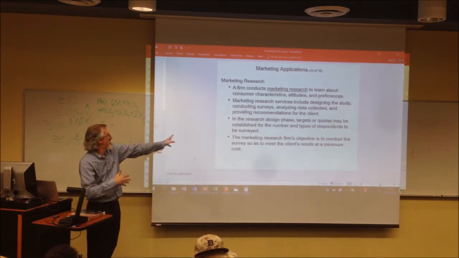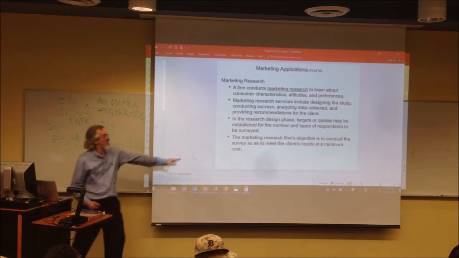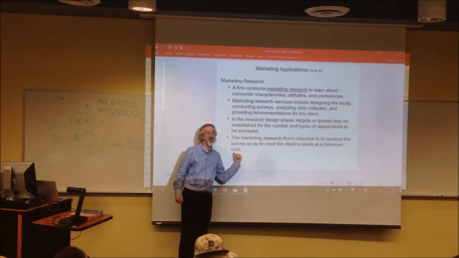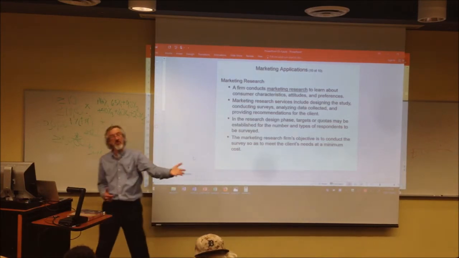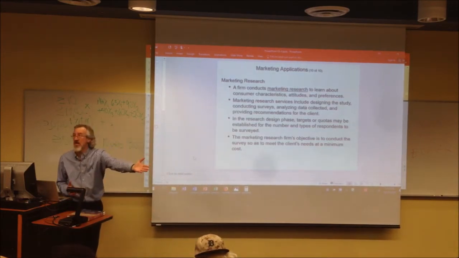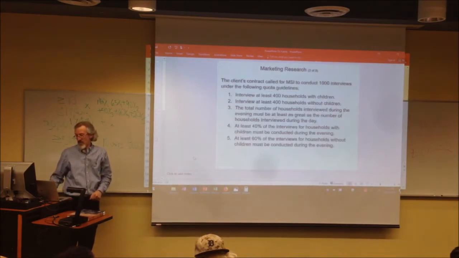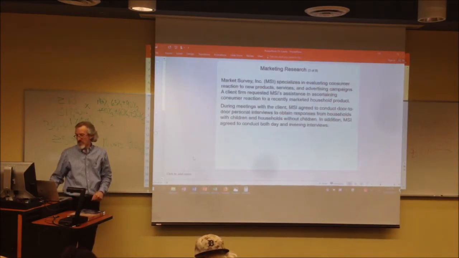The research firm has an objective in the survey, and they're saying the client needs it at minimal cost. What did you just read? Objective. The objective function is to minimize the cost. All right, so here are our options.